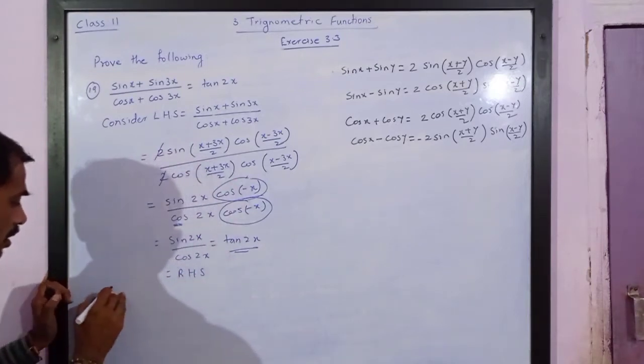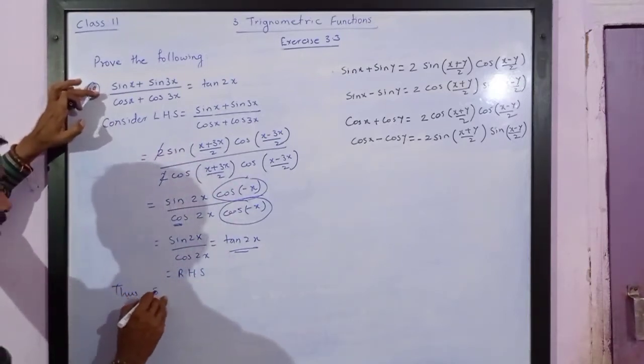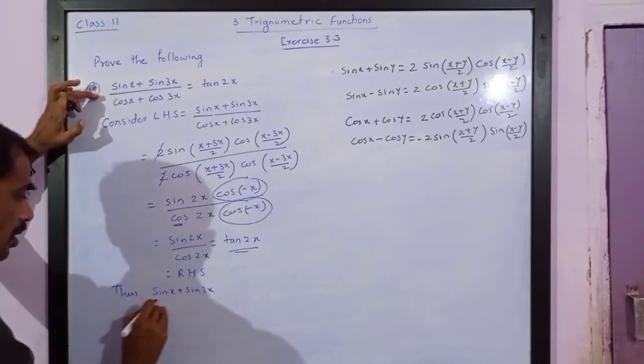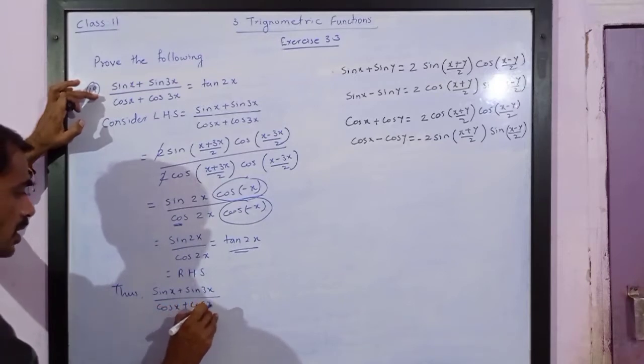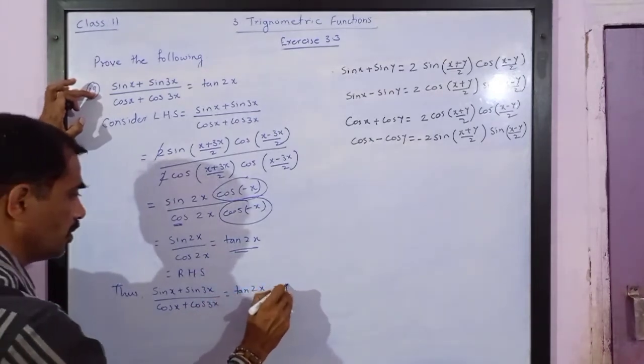Thus we can say that sin x plus sin of 3x upon cos x plus cos of 3x is equal to tan of 2x is proved.